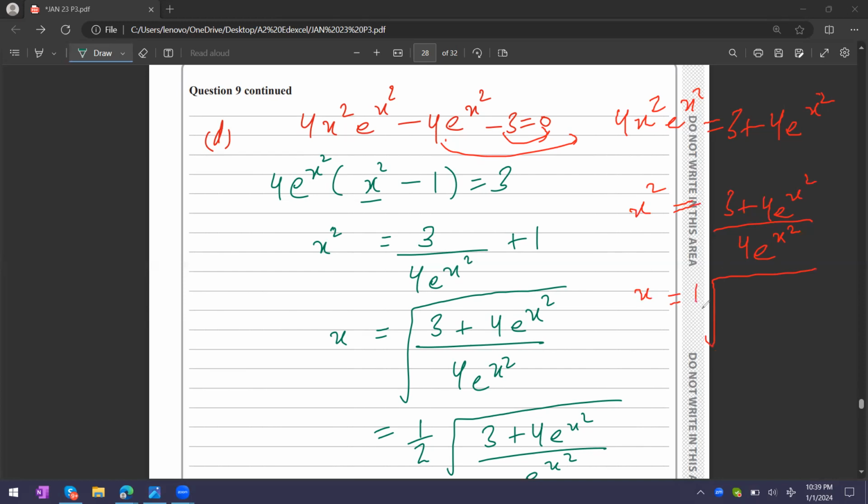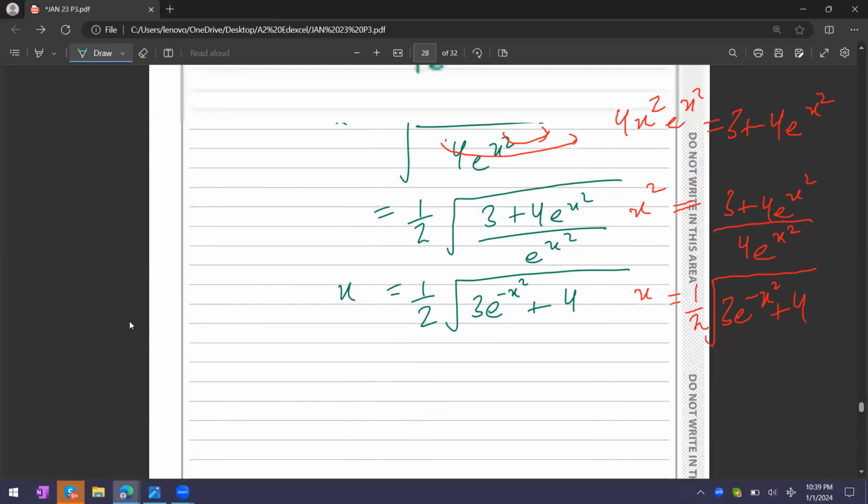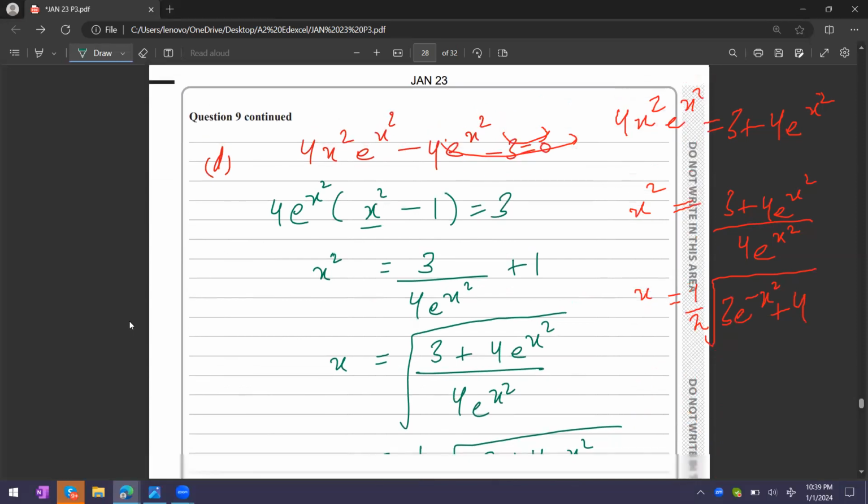The square root of 1 by 4 is 1 by 2. And 3 over e raised to power x square is 3 e raised to power minus x square. And this cancels, just 4 is left. So you can do it in 3 steps, 1 2 3. This is a little faster way. Here we prolonged it a little bit, but it's not that long.